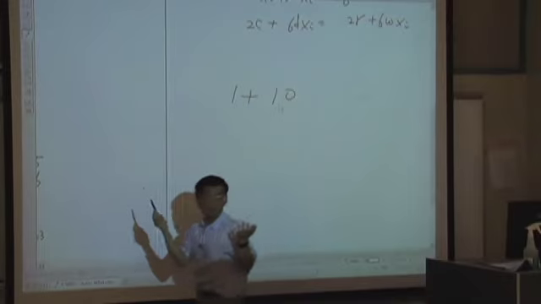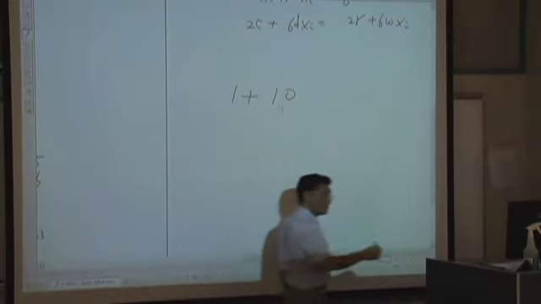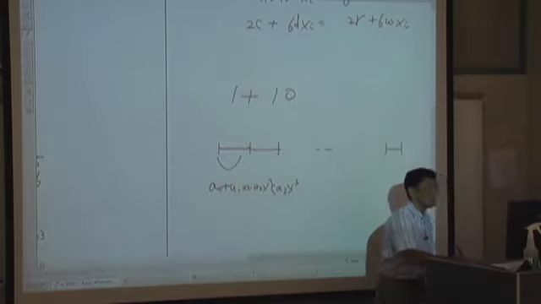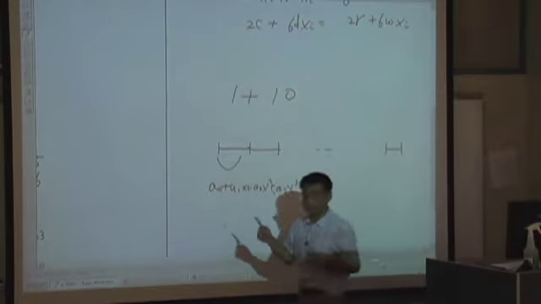Then how many equations do you need? In this approach, we have a total of 10 subintervals, right? For each subinterval, we need A0, A1 x, A2 x squared, A3 x cubed, right? We have a total of 10 subintervals.